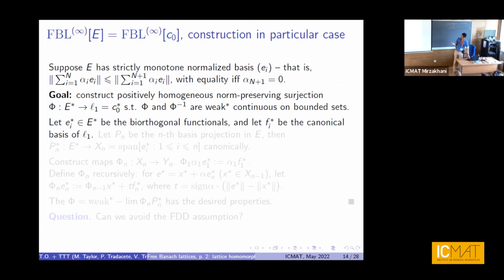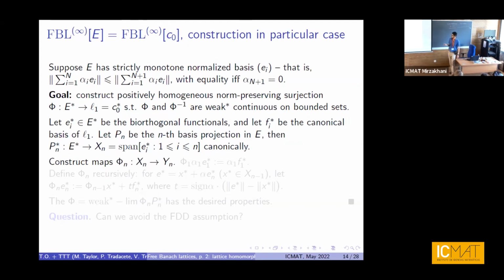So notation-wise, we already had the vectors e_i in E, and e_i star will be the biorthogonal functionals, and let's denote by f_i star the canonical basis of L1. And let P_n be the n-th basis projection. In this situation, P_n star takes E star to the span of e_i star as i runs from 1 to n, and we denote this span by X_n.